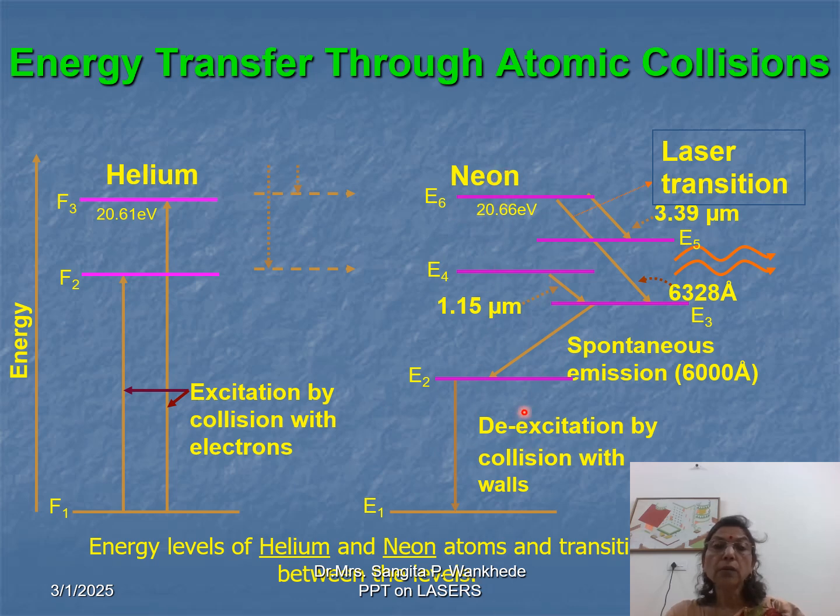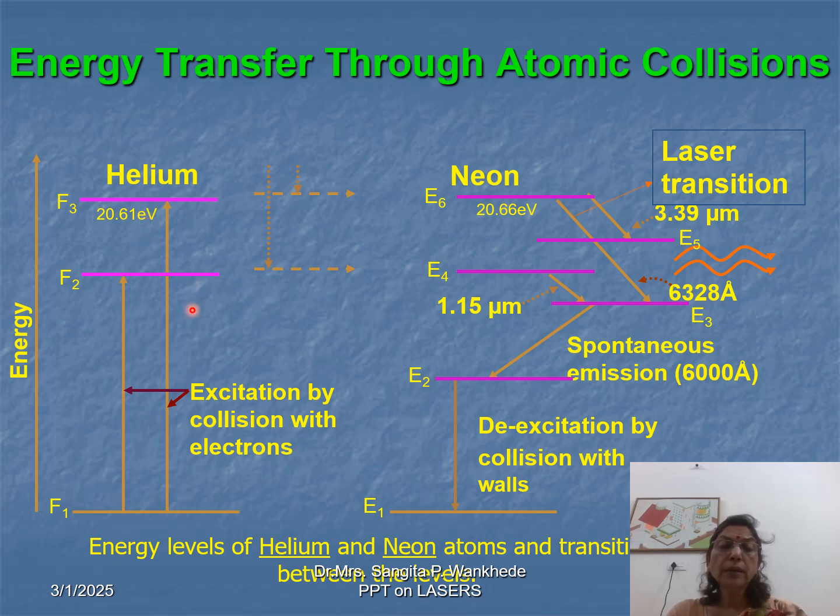F1 is the ground state, and F2 and F3 are upper energy levels, but they are metastable states. Neon has 6 energy levels. E1 is the ground state. E6 and E4 are metastable states. Their energy levels are 20.66 for E6, and here it is 20.61.